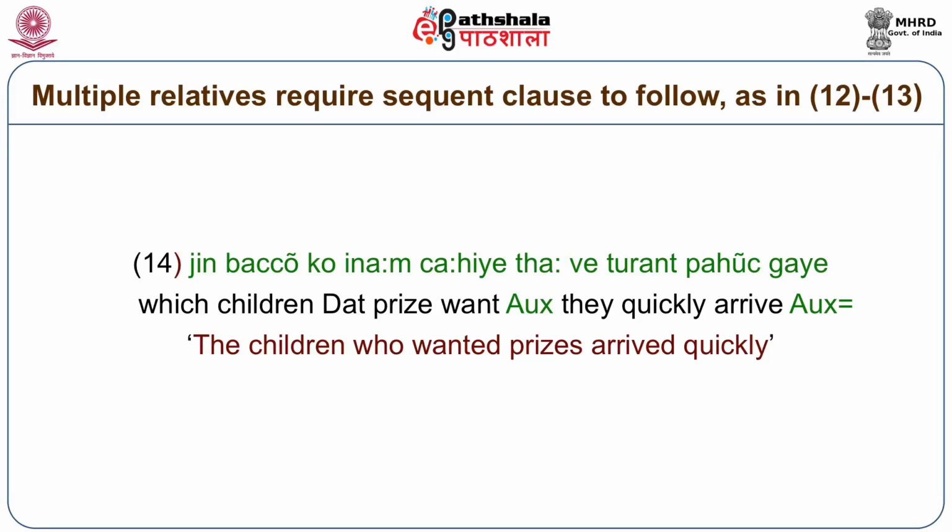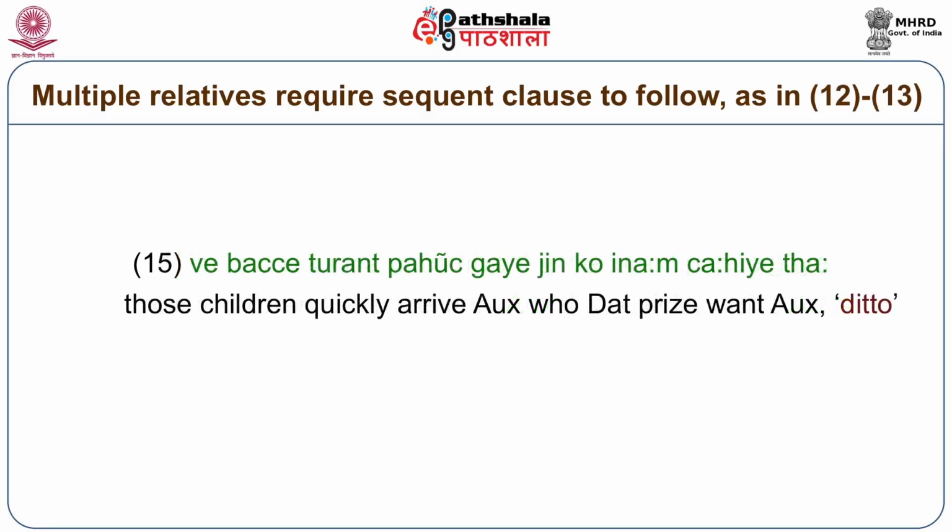Then it becomes possible to put the sequent clause first and allow the relative clause to appear second, as in sentence 15, वे बच्चे तुरंत पहुँच गए जिनको इनाम चाहिए था, which means those children arrived quickly who wanted the prize. These are among the properties that the solution to the problem of the correct constituent structure for multiple relative endowed correlative structures will have to take into account.